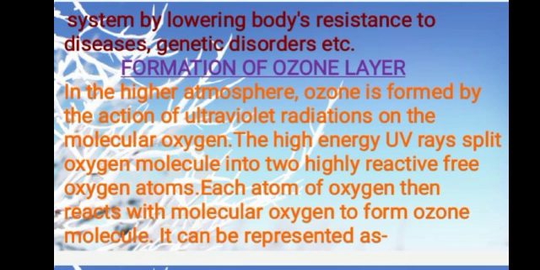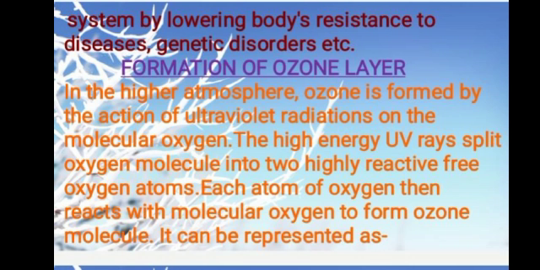Formation of ozone layer. Let's see how this ozone layer gets formed in the atmosphere. In the higher atmosphere, ozone is formed by the action of ultraviolet radiations on molecular oxygen. We all know that in nature, in the atmosphere, oxygen is present in diatomic form.